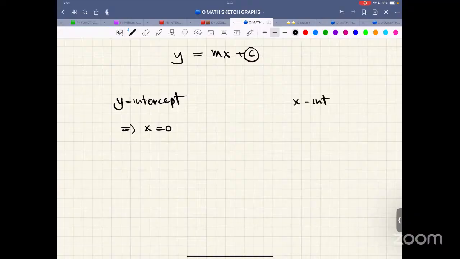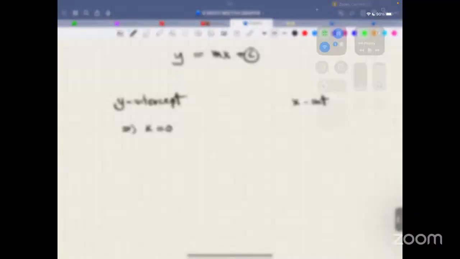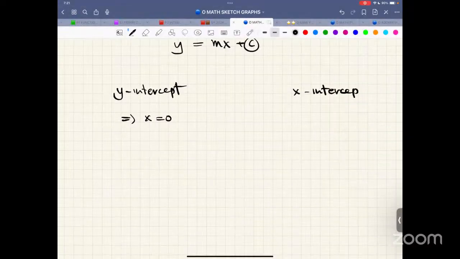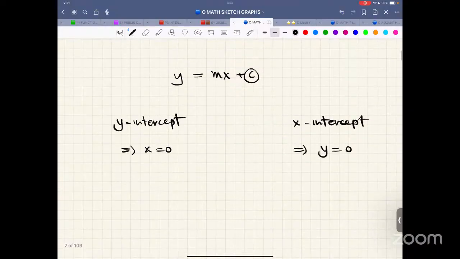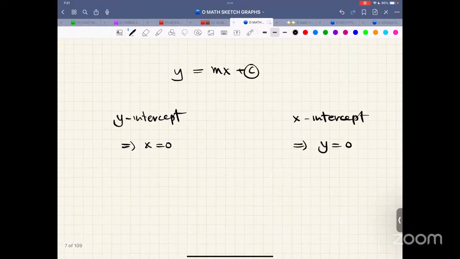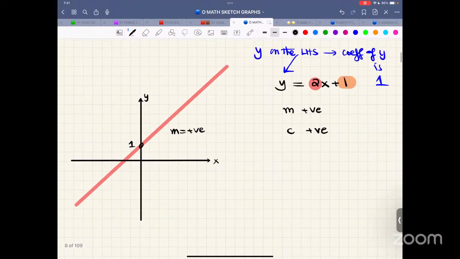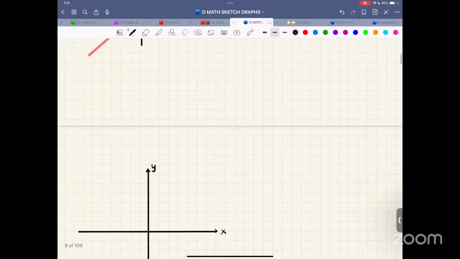Similarly, when we talk about x-intercept, let me just decrease the brightness, that means y is 0. So always remember, y-intercept, x is 0. X-intercept, y is 0. Coming back to this, we are only interested in gradient and y-intercept.